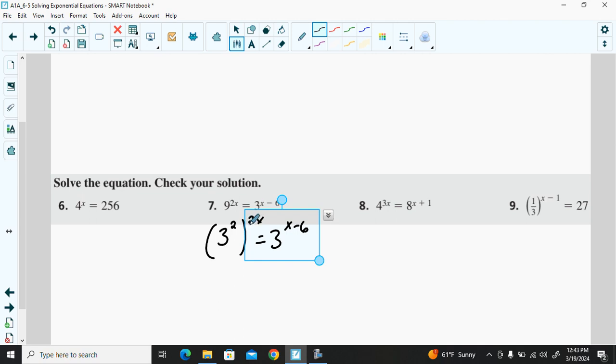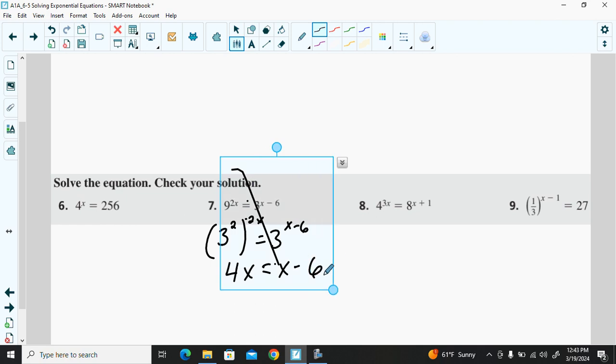So 3 squared, 2 times 2x should be 4x. 2 times 2x is 4x. It's going to be equal to x minus 6.